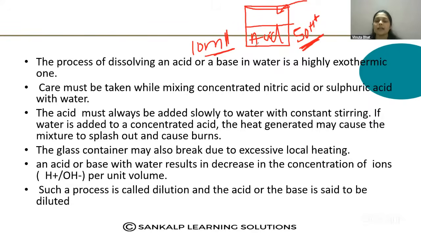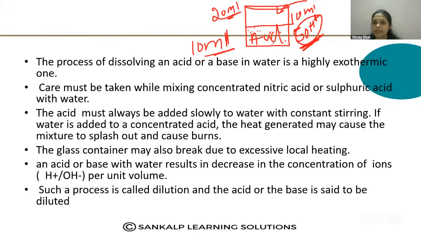For 10 ml of acid, 50 H plus ions are there. If you add 10 more ml of water, that will become 20 ml. So the total volume becomes 20 ml, but the total H plus ions is still 50.